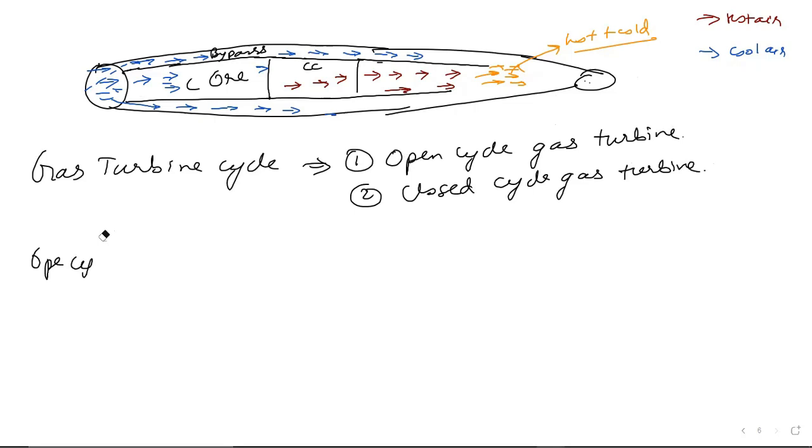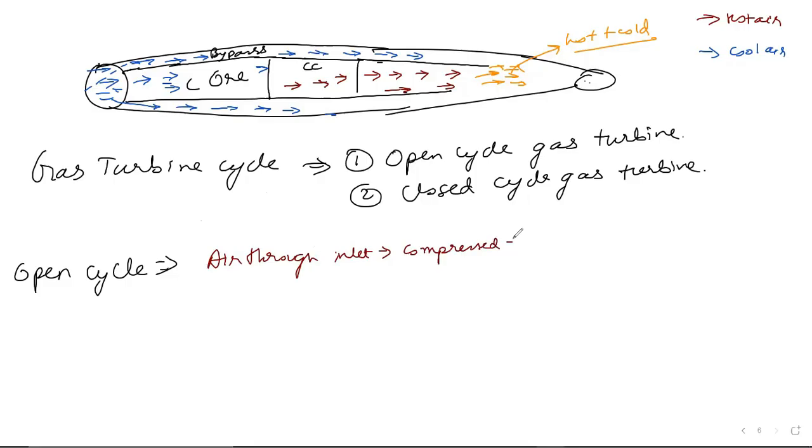Suppose I'm writing this, open cycle. In an open cycle, air comes through the inlet. Then it is compressed, then it is burnt, then it is expanded. Then finally it is released, or you can say exhausted.